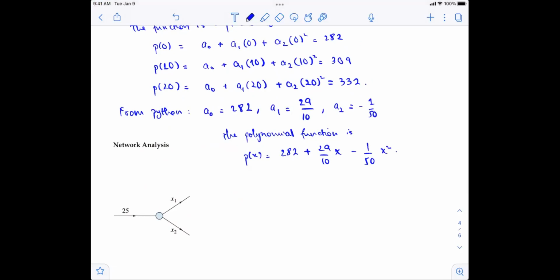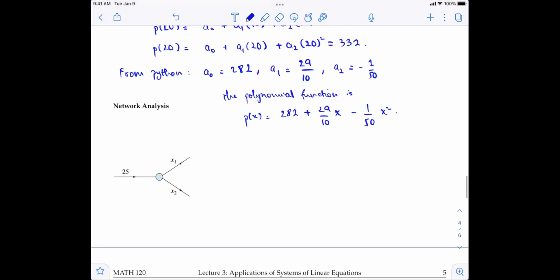Now we're going to use this to obtain the value of future data. In part B, we want to calculate the population in the year 2030, so that is t or x equal to 30. P of 30 is 282 plus 29 over 10 times 30 minus 1 over 50 times 30 squared.